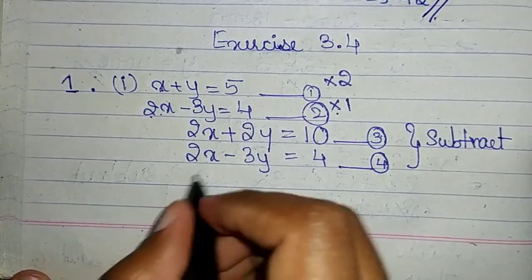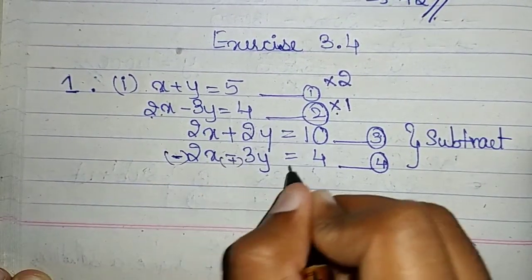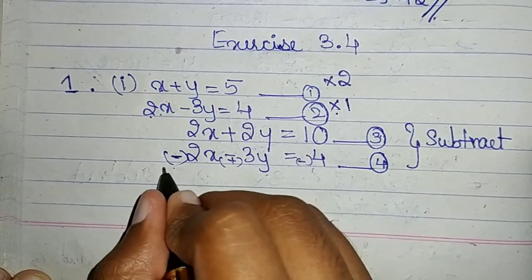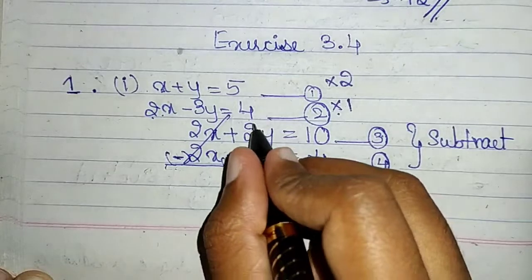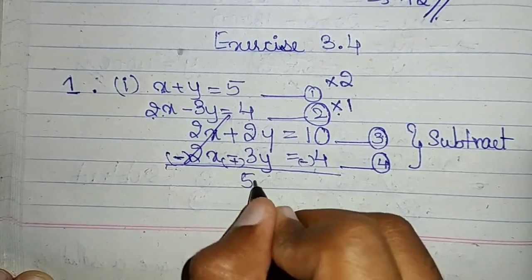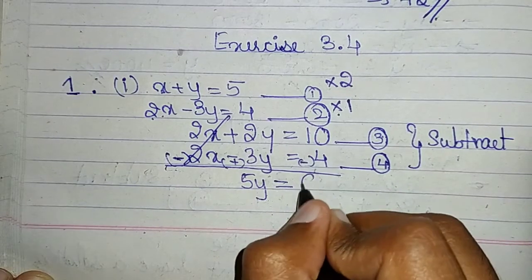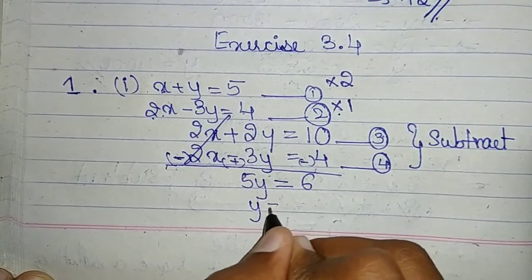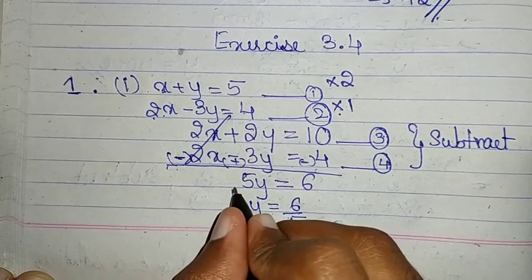First the signs change. Minus, plus, minus. So 2x minus 2x cancels each other. 2y plus 3y, we get 5y, which is equal to 10 minus 4, 6. So y is equal to 6 by 5. This is the value of y.